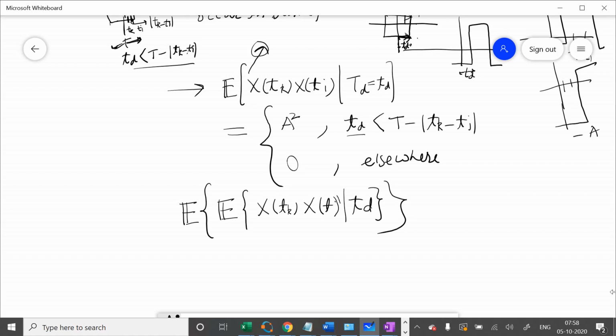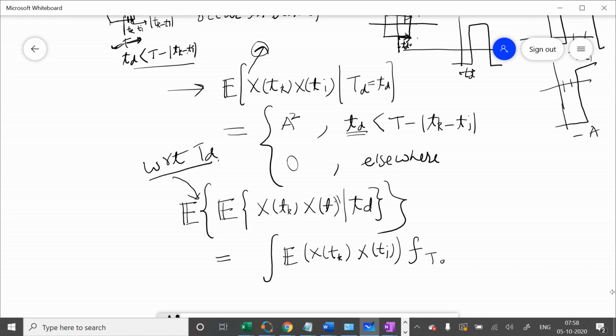This expected value is with respect to this TD, because we were fixing TD, now we are taking this also as a random variable. So it will be equal to the integral of whatever value x of Tk, x of Ti is having, times the probability density function of the time TD.